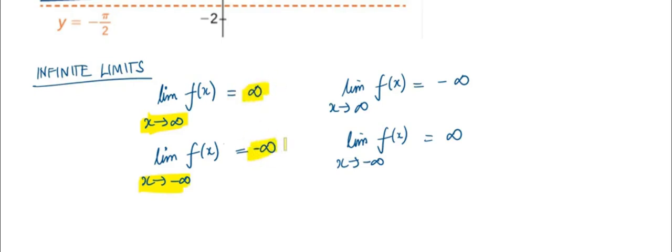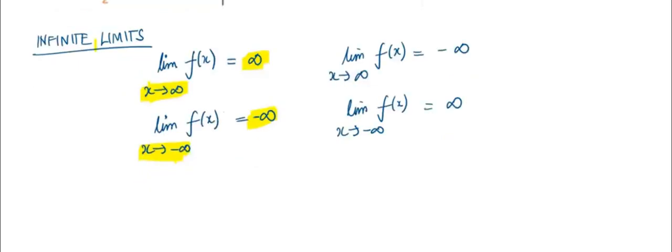Limits at infinity means that x approaches infinity or negative infinity, but infinite limits would mean that the limit answer is not a finite number. Instead, it turns out to be an infinite limit. So limits at infinity help us to find the horizontal asymptote, whereas these infinite limits help us to discuss the end behavior of a graph.